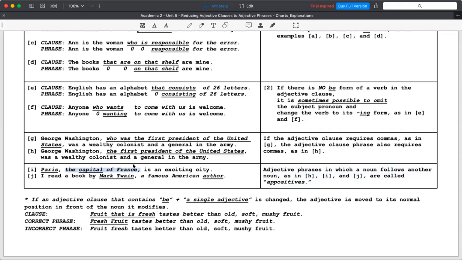So the second phrase, the capital of France, is an appositive. An appositive in the middle of a sentence needs a comma before and a comma after. If I say "I read the book by Mark Twain, a famous American author," who is Mark Twain? A famous American author. So they are the same person. This is considered an appositive.